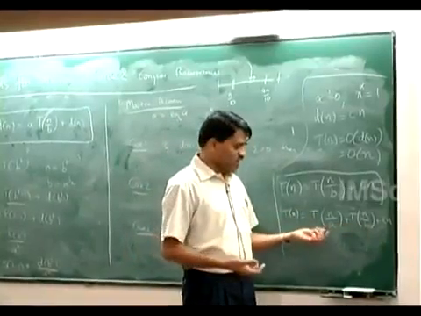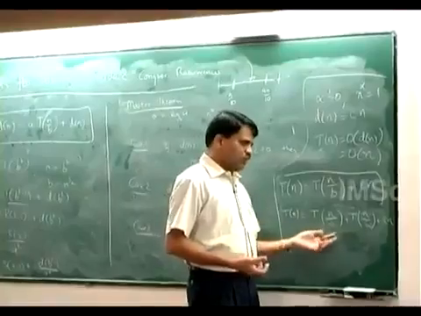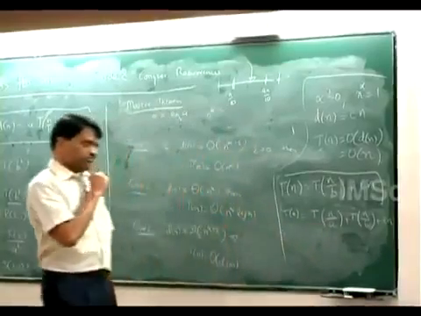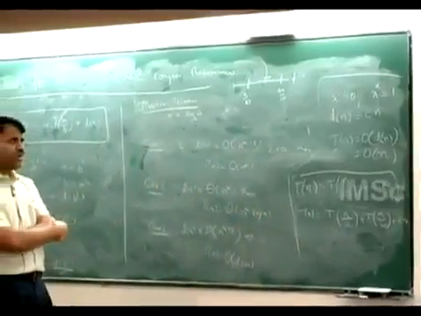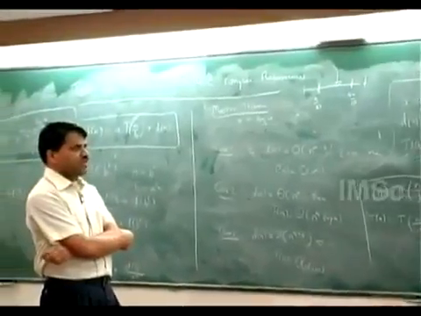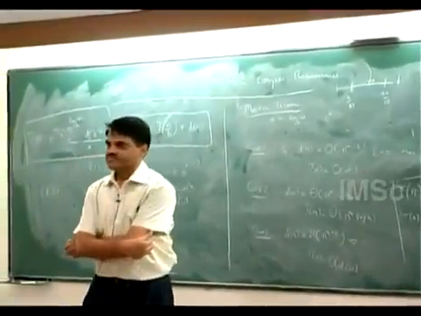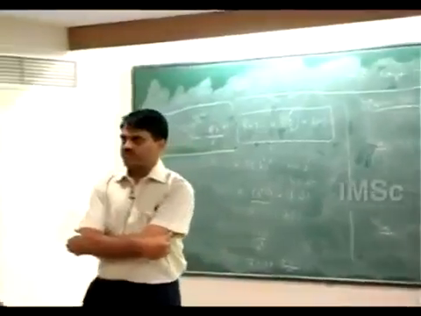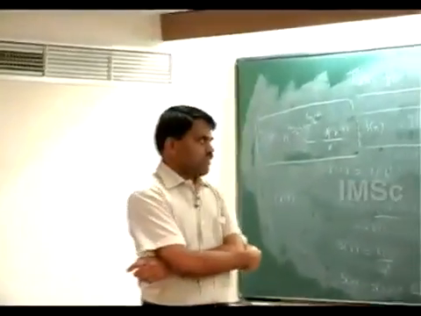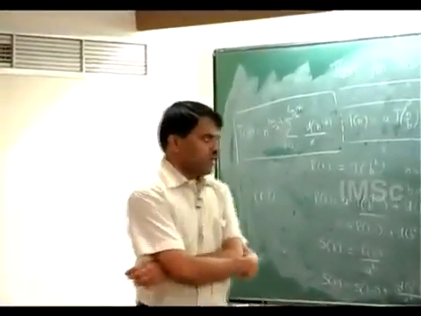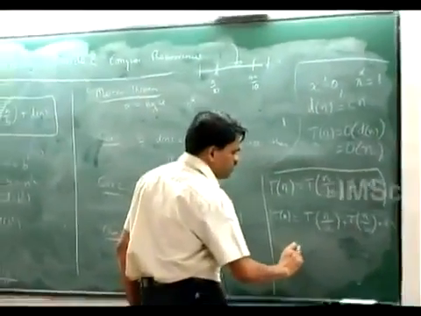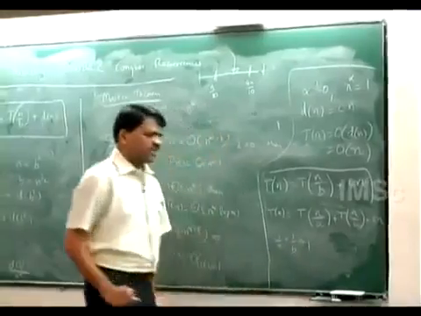But suppose I have a recurrence of this form. What condition should I satisfy on the A and B to get a linear time here? Suppose 1 by A plus 1 by B is equal to 1. Then what do you know?